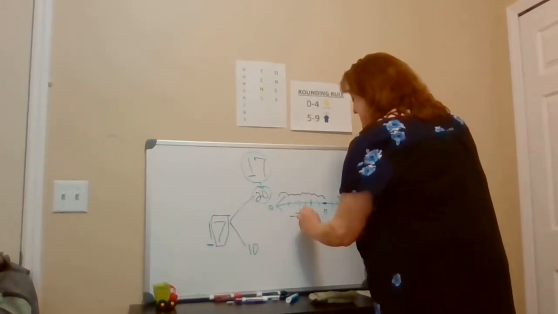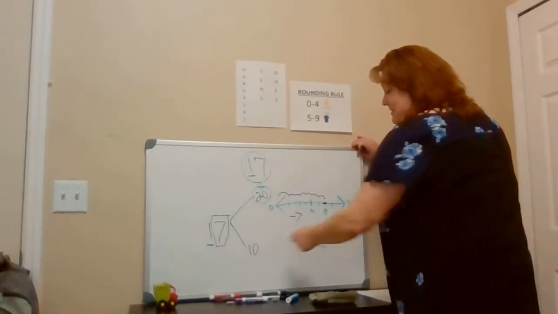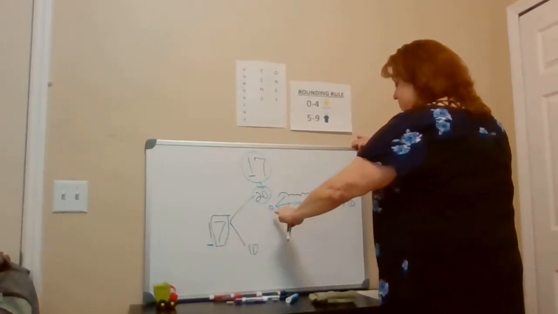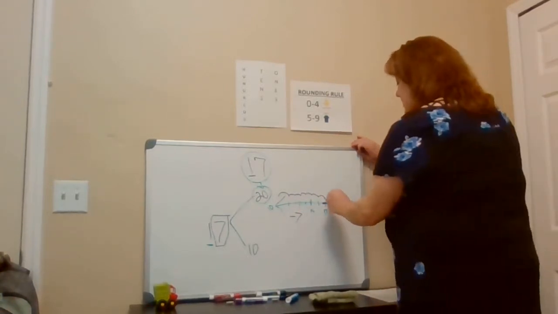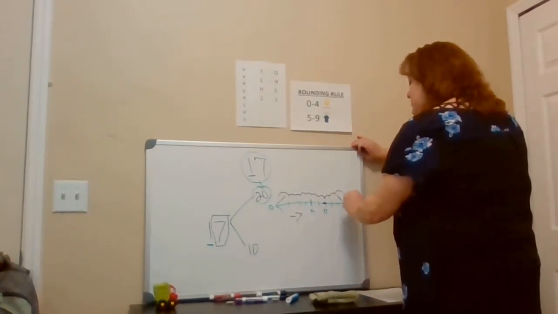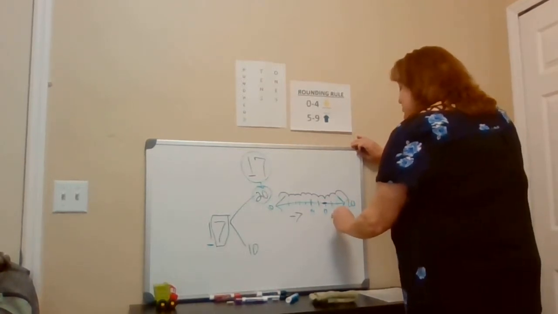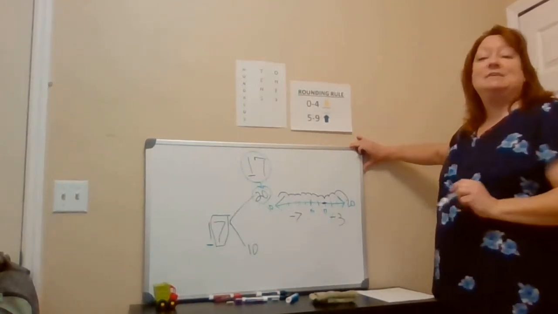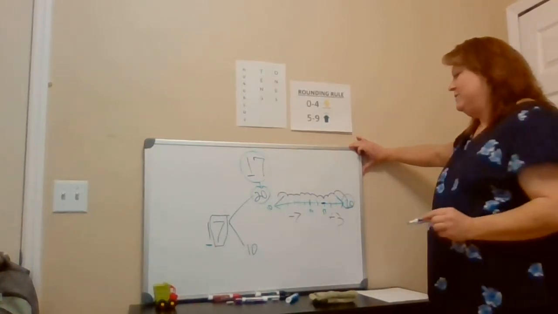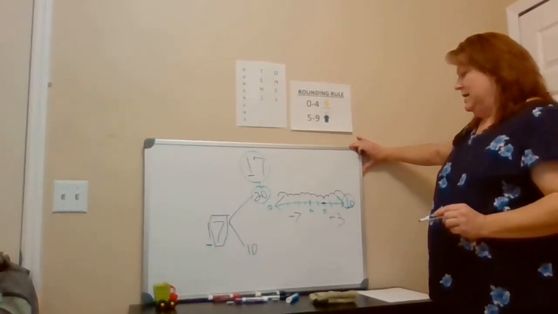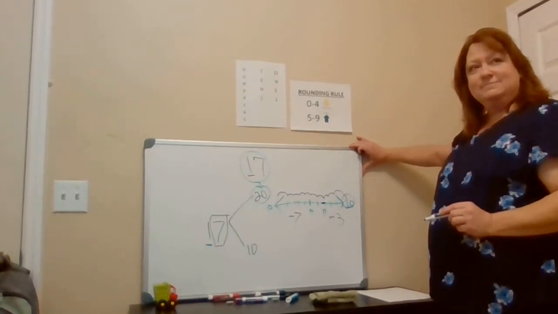So you'd have to go back 7 spaces to get to 10, right? It takes us 7 jumps to get to 10. Okay, now if I want to go up to 20, 1, 2, 3. So it would take, correct, just 3 spaces to get to the 20. So 20 is the closest number for our rounding. Okay, does everybody see that? Good.